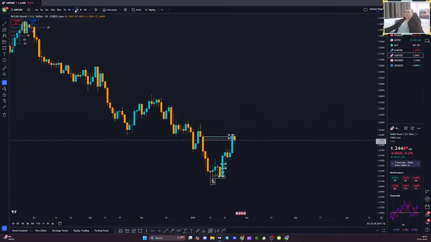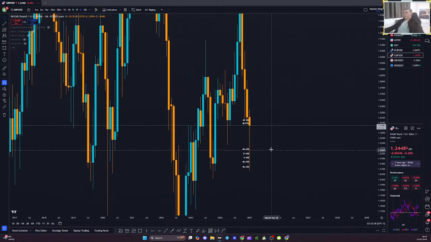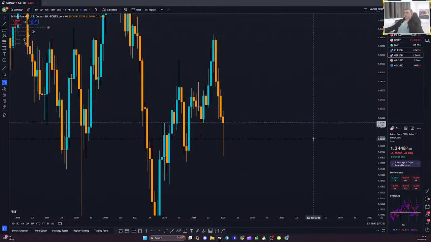Let's look at pound. Start on the monthly. Delete all of this. We did trade into this monthly bullish order block, then this monthly fair value gap.